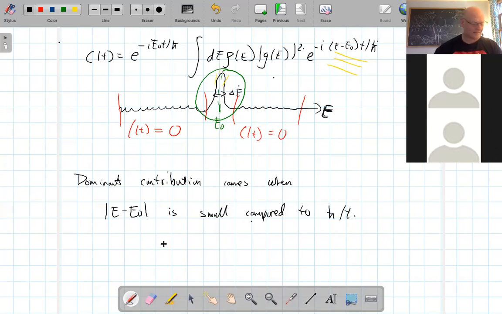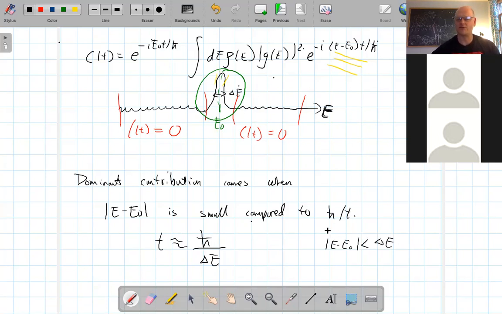So the characteristic time that this thing is going to start to lose its identity is when t is approximately equal to h bar divided by delta E, where delta E is equal to the width. Why do I know it's the width? Because if E minus E0 is smaller than delta E, then I'll get no contributions to this integral.